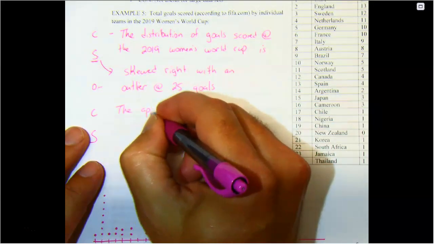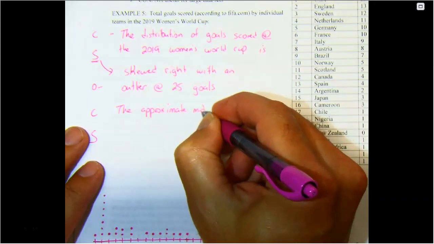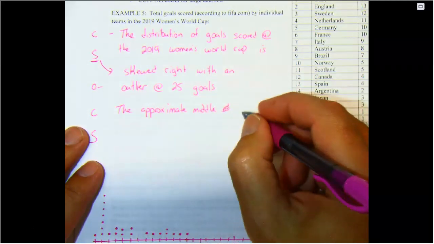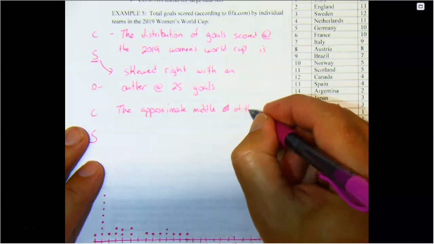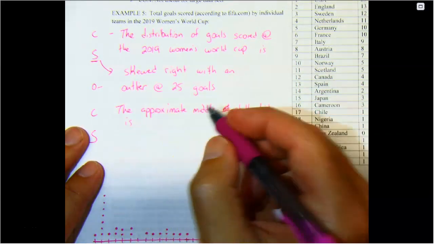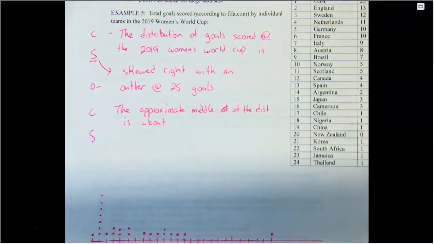The approximate middle of the distribution is about, and now we need to know what a middle is. Because this is skewed right, and we haven't got into this discussion at all, mean and median are my two measures of center, and one of these we can't use right now because this is skewed to the right.